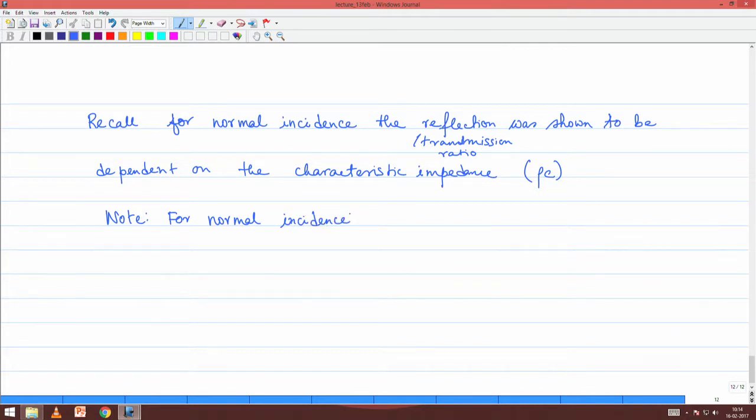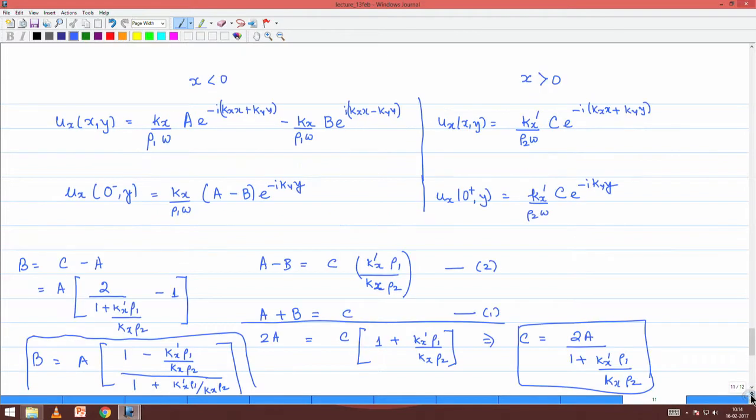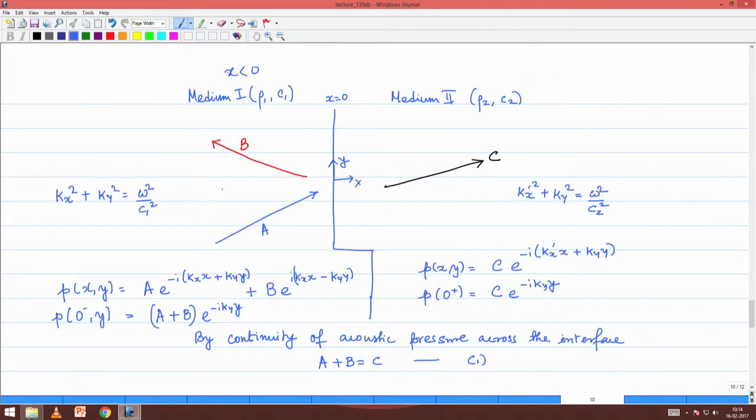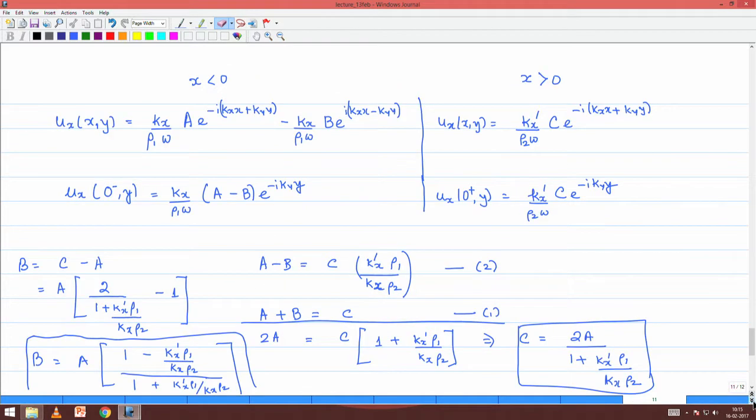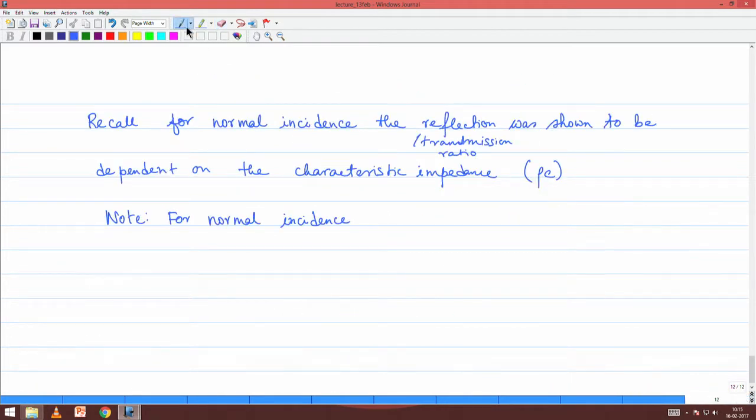What will be ky for normal incidence? If it is incident not obliquely, but directly in this form, then what is the associated ky? 0, right. So, for normal incidence ky turns 0, which implies kx for medium 1 is going to read as omega by C 1 and kx' for medium 2 is supposed to be omega by C 2, because either way ky is 0.